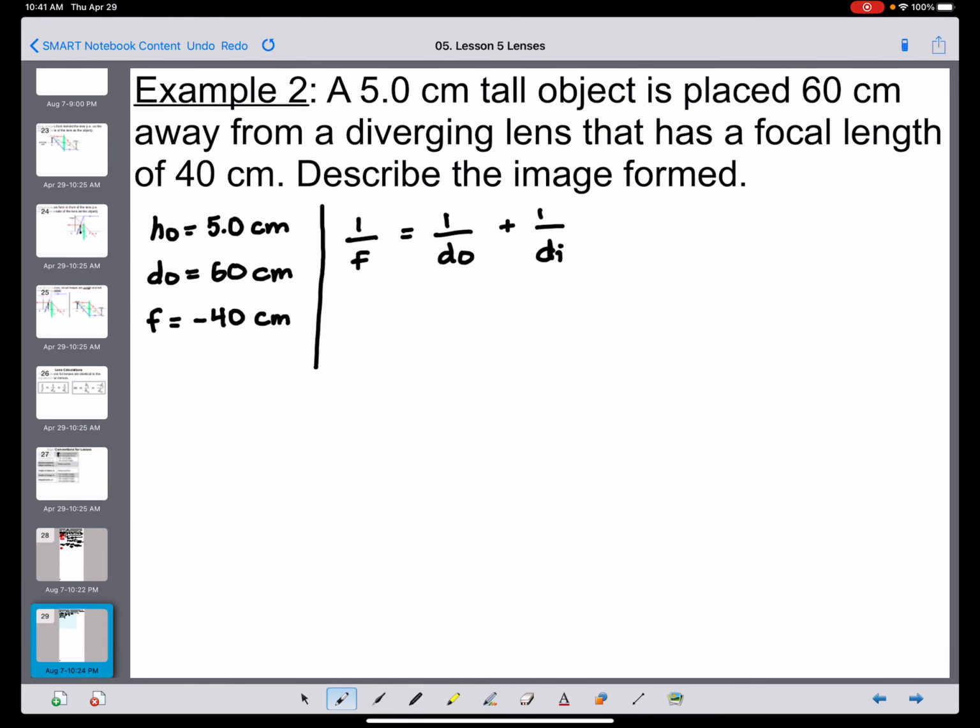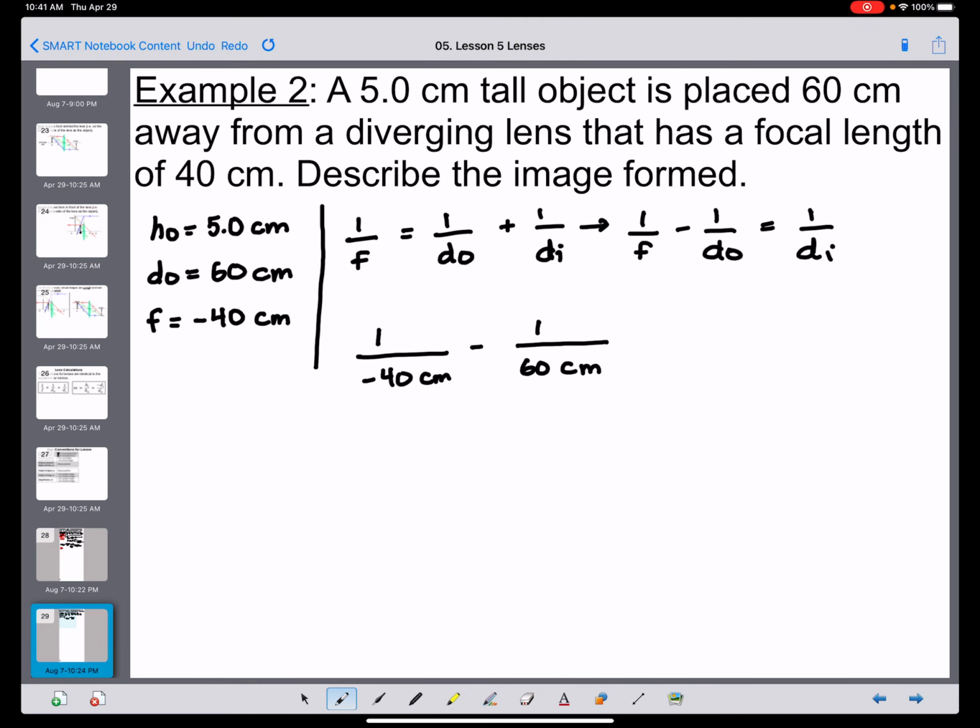So 1 over F equals 1 over DO plus 1 over DI. So 1 over F minus 1 over DO equals 1 over DI. Okay, so 1 over F, that's 1 over negative 40, minus 1 over DO, so minus 1 over 60.